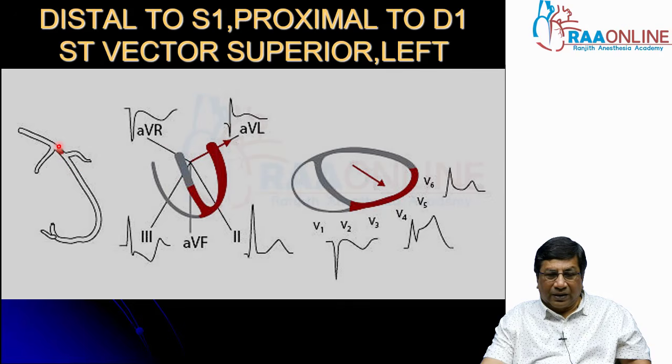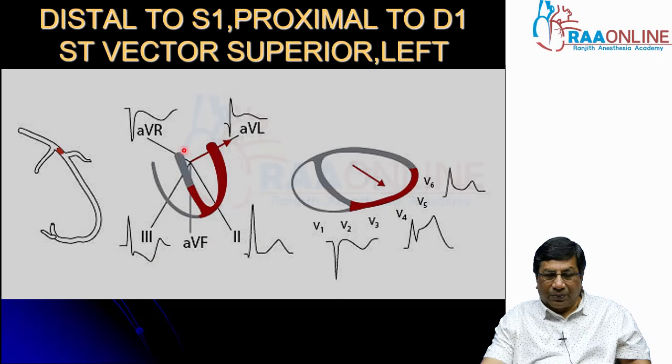Because the first septal is no longer involved, the basal septum is no longer involved now. It is only the basal left lateral wall which is involved. Because the basal region is involved, once again the vector is likely to go towards base, away from inferior leads. So in this lesion also, your inferior leads will show ST segment depression, telling you that the ST vector is going superiorly.